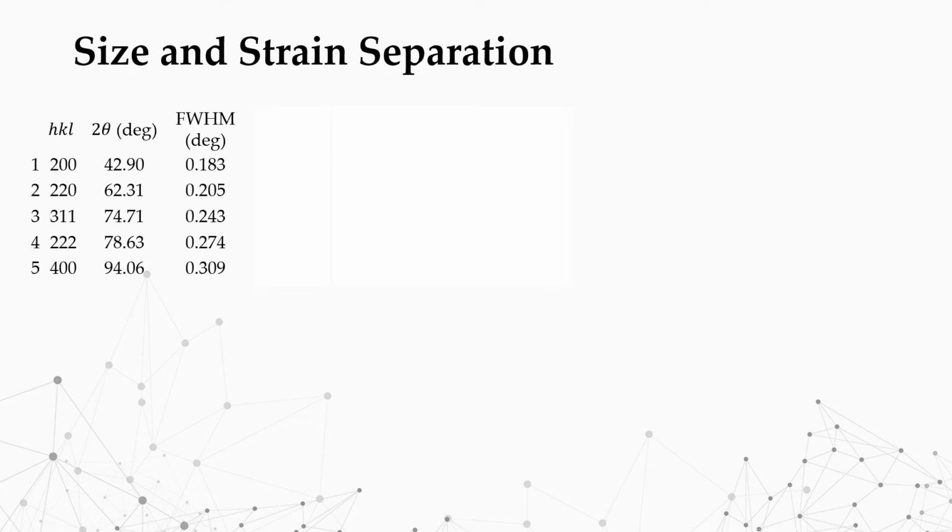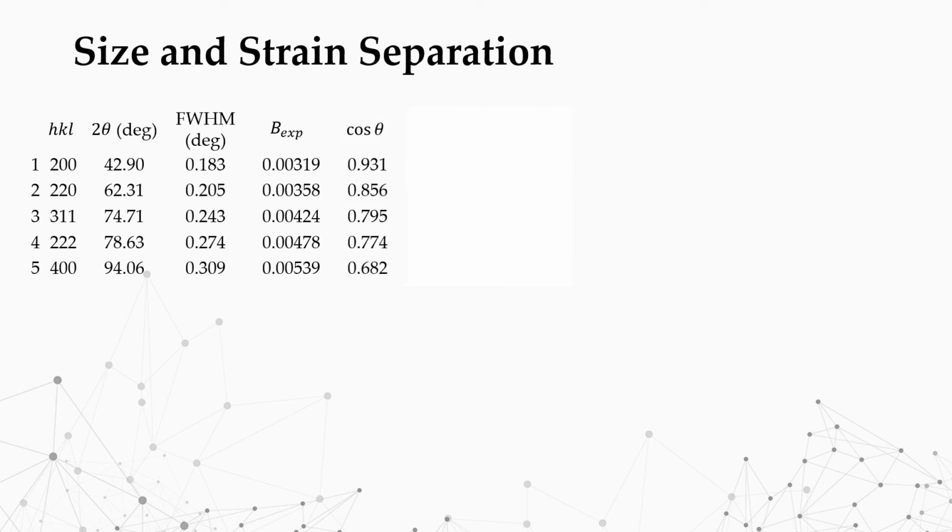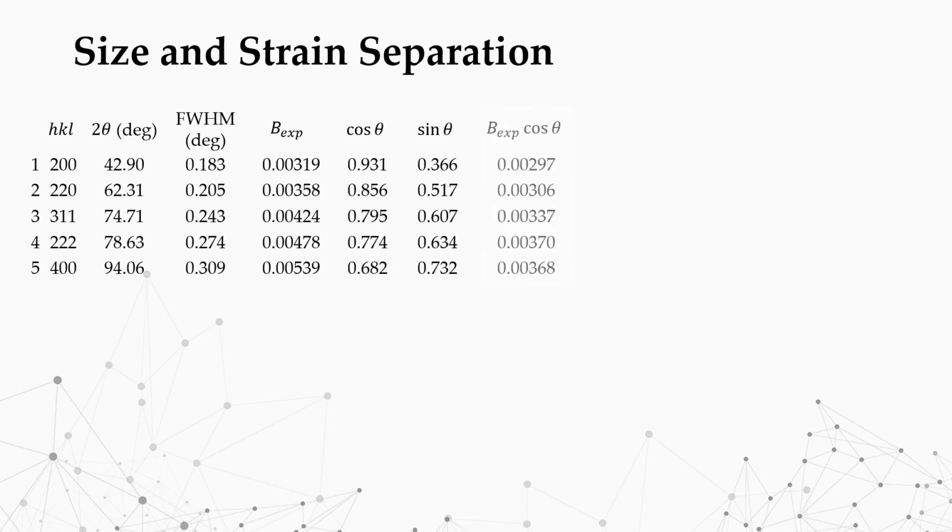First, we convert the FWHM from degrees to radians to obtain the observed broadening. Then we calculate the values of cosine theta and sine theta. The observed broadening is then multiplied by cosine theta.